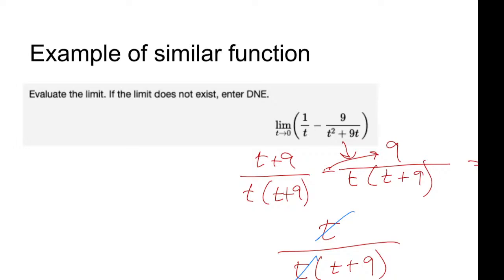Again, we get actually a different function, but we're using that one property that this is a simplified function. So now this one we can take the limit as t goes to 0 of 1 over t plus 9, because if we stick in 0 now, it's just 1/9, right? It's not undefined. So this limit is going to be 1/9. The original limit was also 1/9.